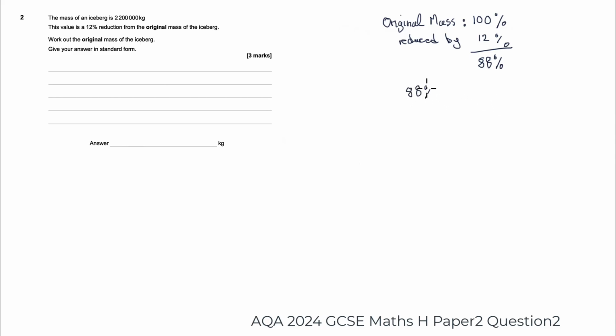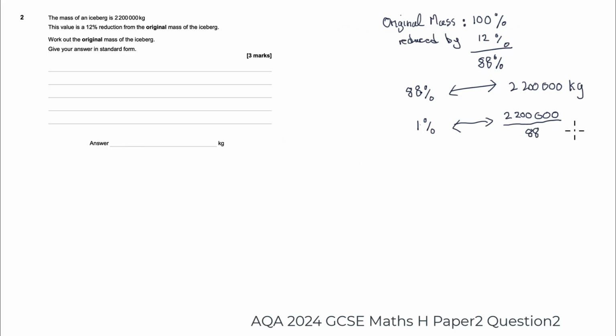So 88% is left. So there's what we've got to go with. 88% of the original is 2,200,000 kilograms. So how do we get 100% if we're sitting looking at 88%? Well, one of the ways is to figure out how to get 1%. And if we know 88%, 1% will be dividing by 88. So we would take this figure and divide it by 88.